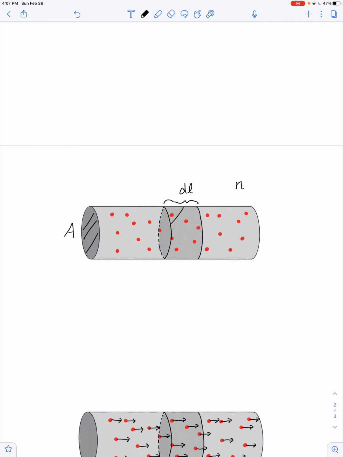So the amount of charge in this shaded area we'll call dq, which represents a fraction of the total charge, capital Q. This would be equal to the density of charges times the amount of charge per particle multiplied by the volume. But the volume here would be A times dl.